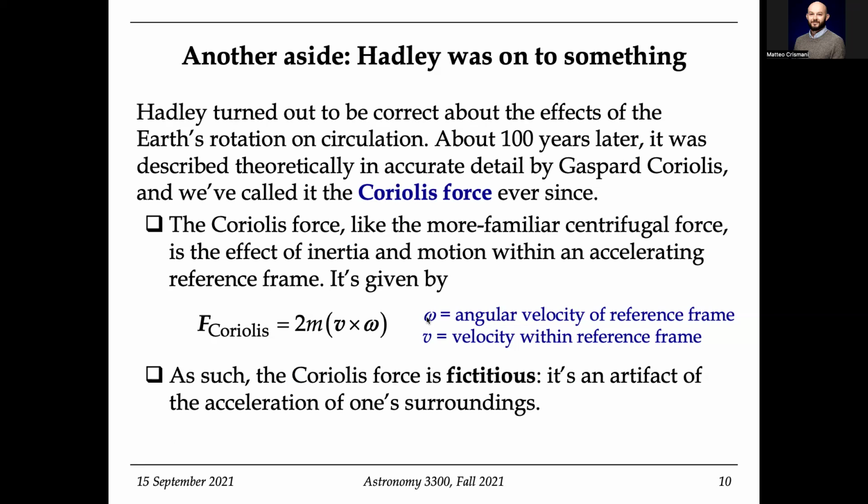So this Coriolis force is like the centrifugal force, but it's using an accelerating reference frame. Here you have the angular velocity of the reference frame and your own velocity within it. It's not real. If you were watching from space, you would see normal motion, right? If you could take this thing off.